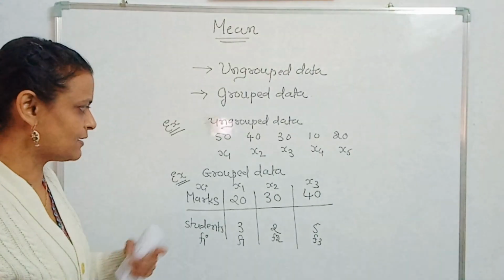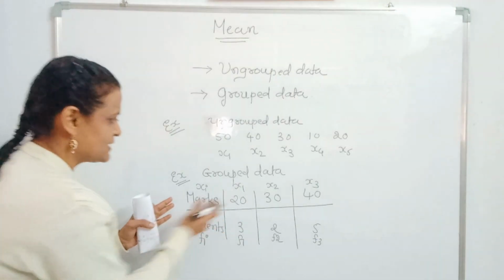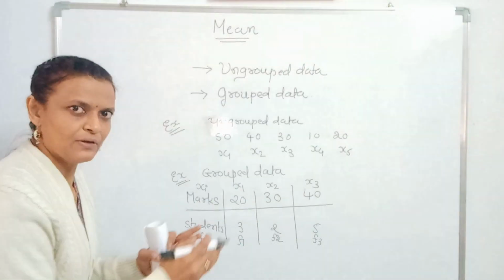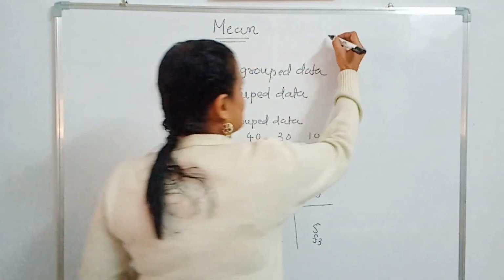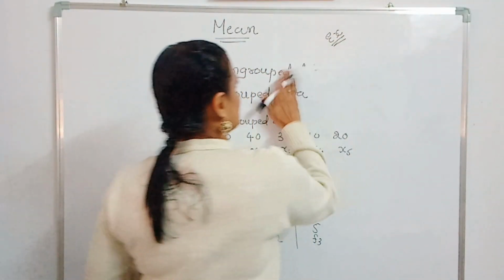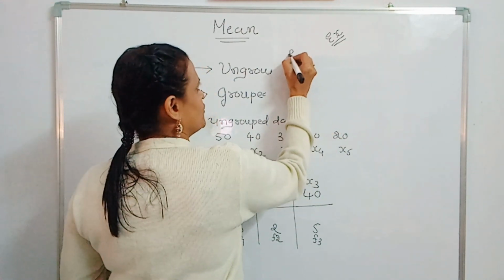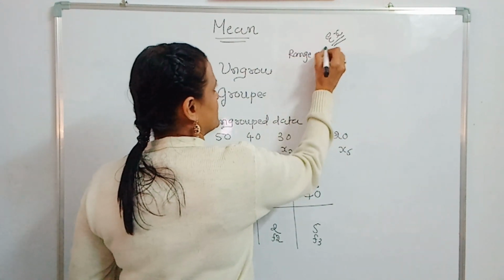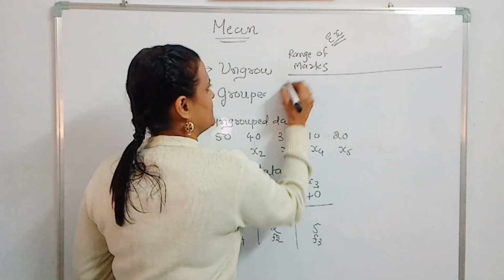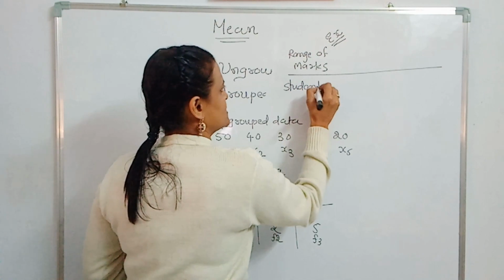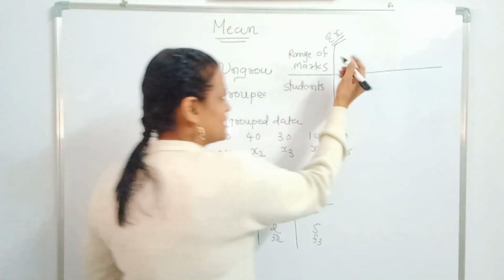Let us take another example of grouped data. Suppose instead of marks, a range is given. Let us draw over here. So here the range of marks, and the second row represents the number of students. So instead of direct marks, here we will consider the range.